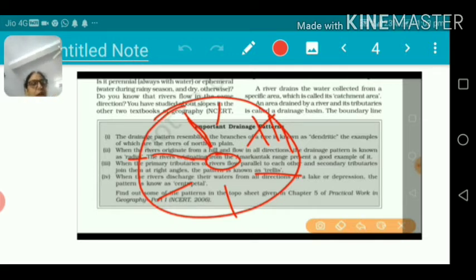This type of drainage pattern is known as radial, and rivers originating from the Amarkantak range present a good example of it. From there it spreads into different paths. This is the second type of river pattern, that is radial.